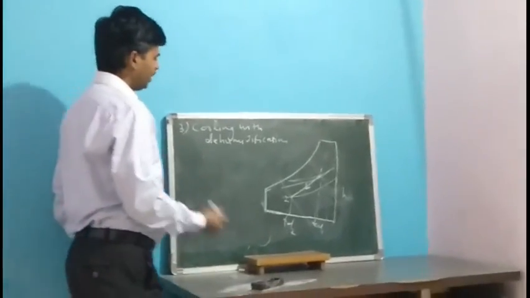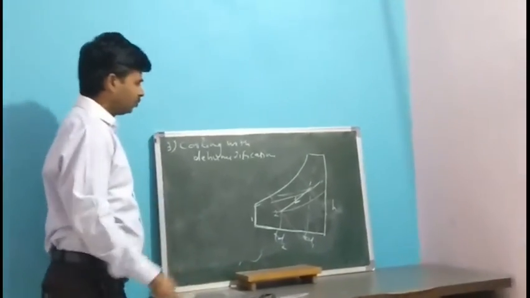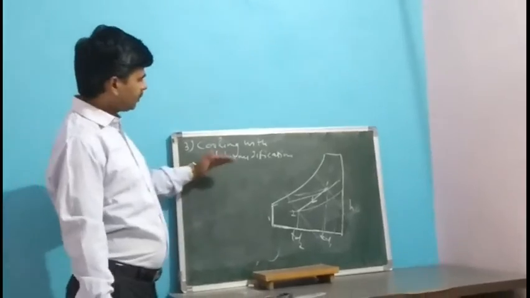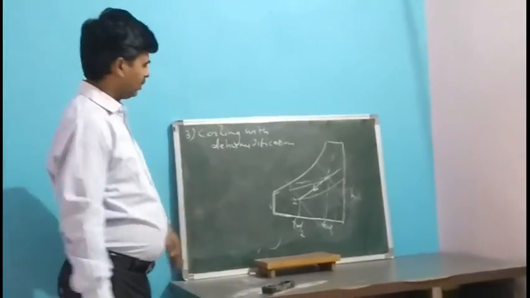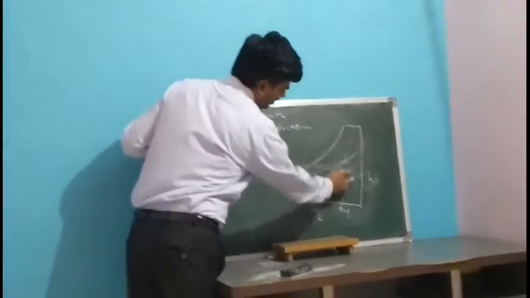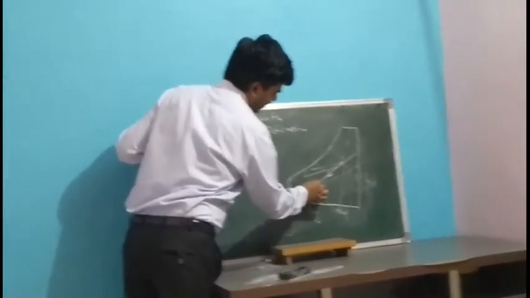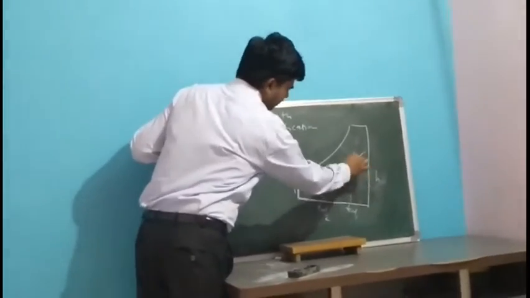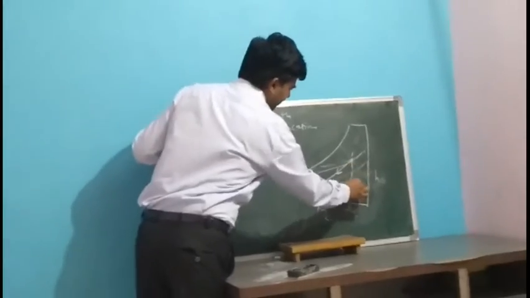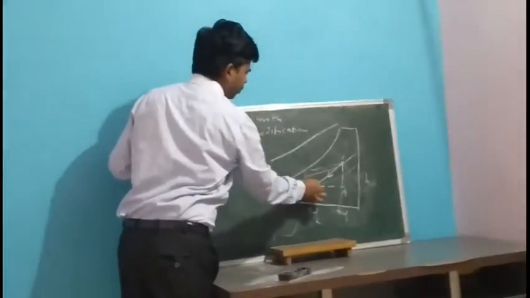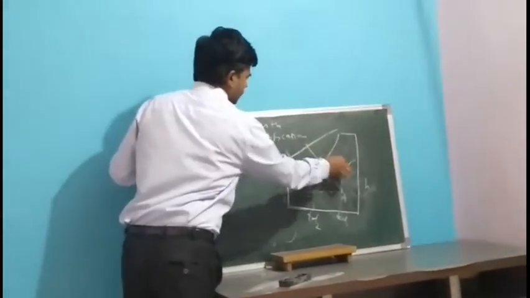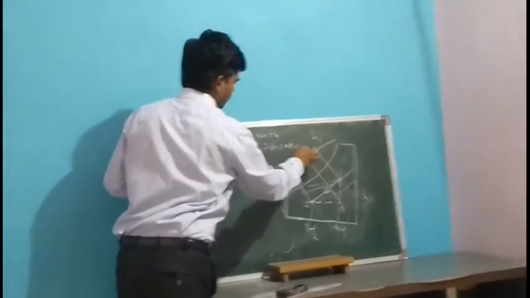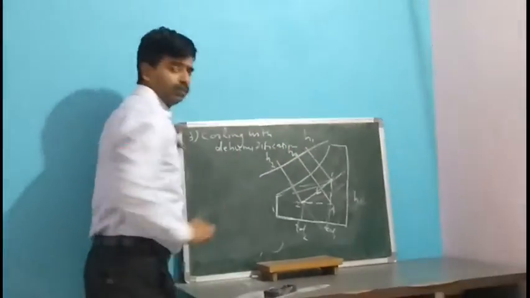Here we are interested in the capacity of the cooling coil, which we can determine very simply. You can make a triangle here, and if you project the enthalpies, that is H1, HA and H2.